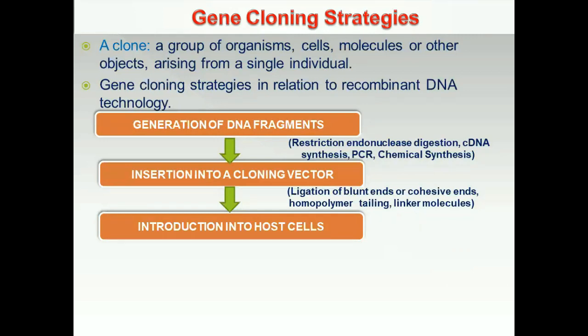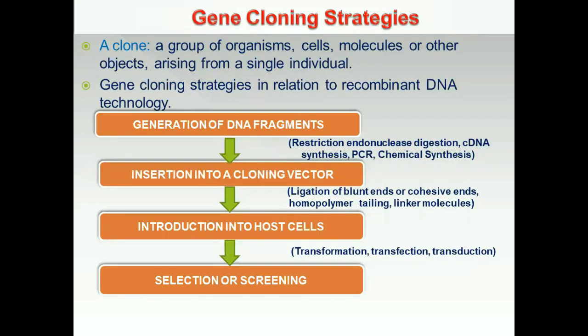You can refer to the reference I have suggested, where you'll get the diagrammatic presentation of homopolymer tailing and linker molecules, and how linker molecules link two different DNA fragments with each other from the cohesive end. Once this is done, it is introduced into the host cell.